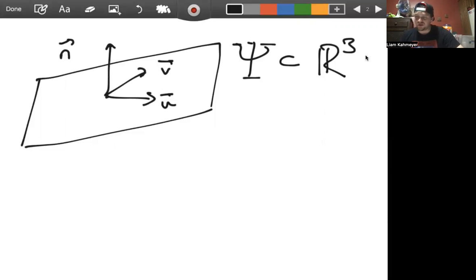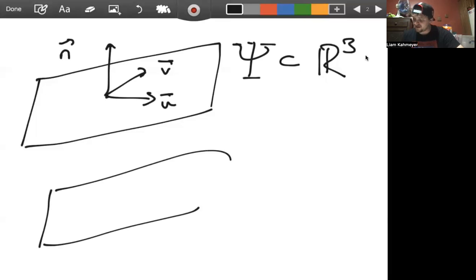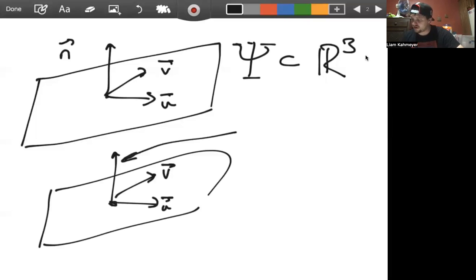Well, when you come across a plane in the wild, nature isn't going to tell you what the normal vector is. So how can we find a normal vector to a plane given two vectors that lie within the plane? Well, the answer is the cross product.